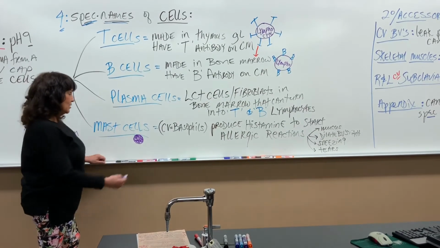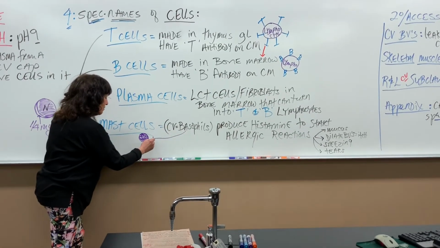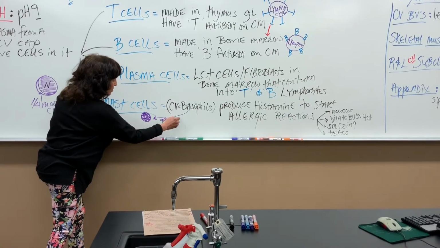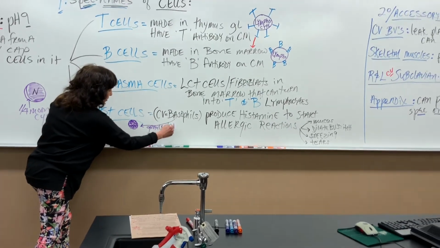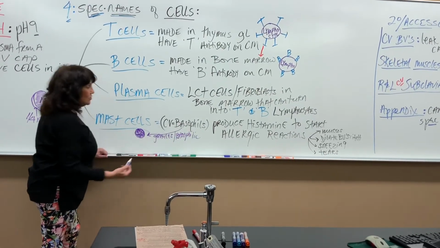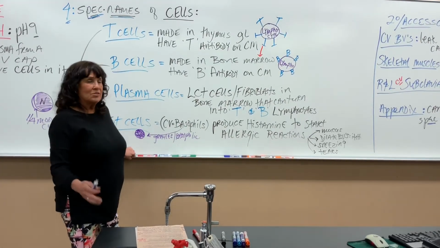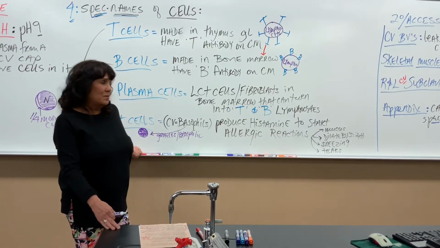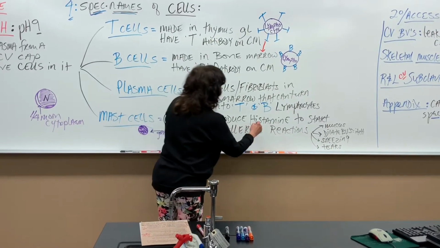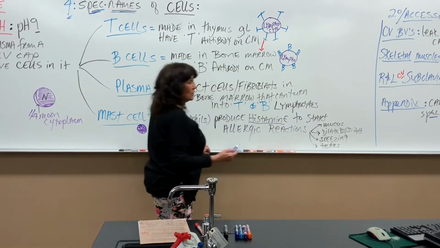And so that's what it actually looks like right there. And so it has granules in it that are basophilic. And what's in those granules? Well, there's actually 2 things. There's heparin, but that's not a lymphatic function. And so this cell produces histamine also.